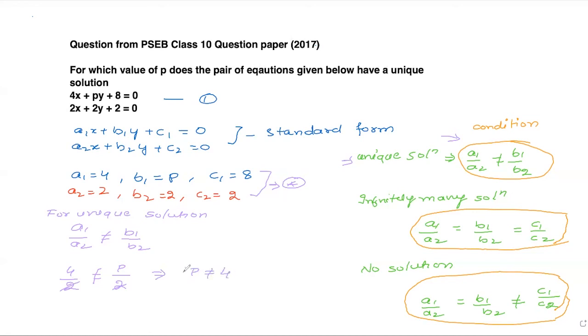So when you write out the solution, you can say that p will have all the real values except 4, because it should not be equal to 4. So this is the solution you will have at the end.